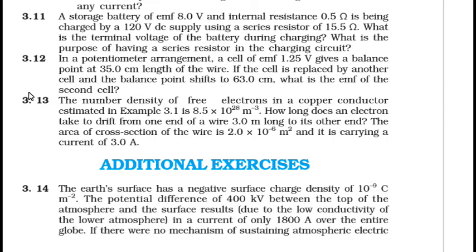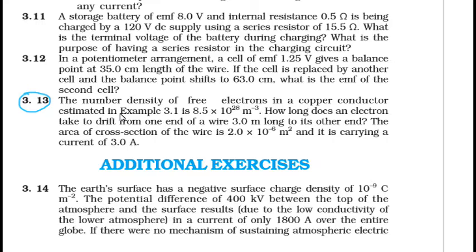Now we'll solve problem number 3.13. The number density of free electrons in a copper conductor estimated in example 3.1 is 8.5 into 10 to the power 28 per meter cube.